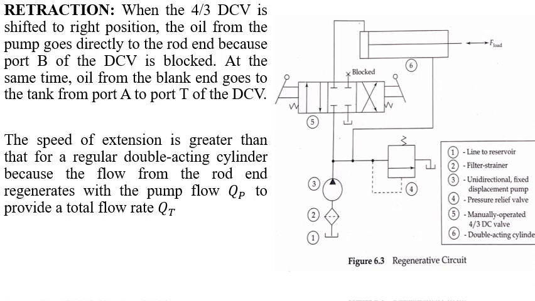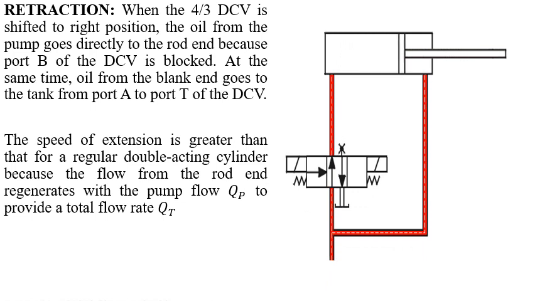The speed of extension is greater than that of a regular double acting cylinder because the flow from the rod end regenerates with the pump flow to provide a total flow rate. This way we can achieve a greater extension speed compared to a regular double acting cylinder.